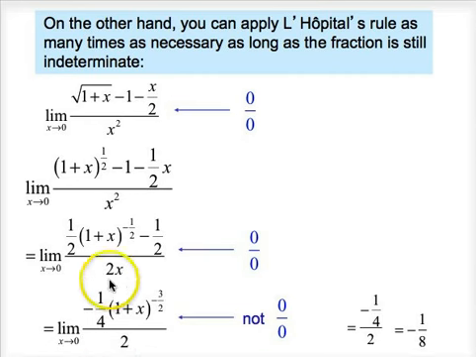So in doing so, we're going to take this derivative, which turns out to be down here, the derivative of the top and the derivative of the bottom. Stop and check if you would like. But now when I plug in 0, I do not get an indeterminate form. I get a number instead. And that number then turns out to be the limit of my original function.